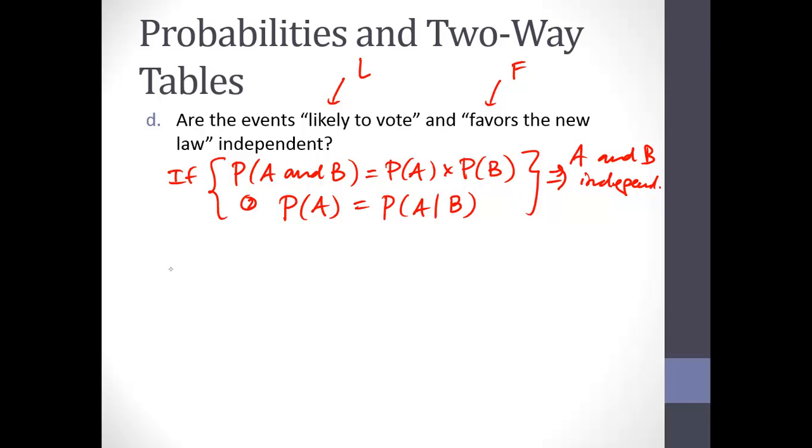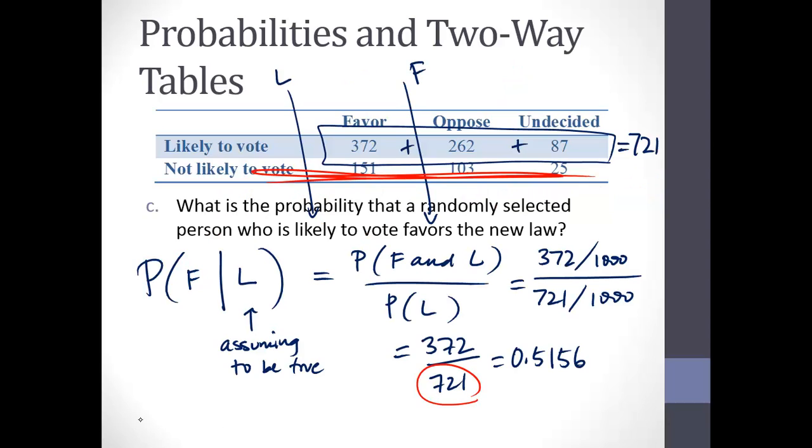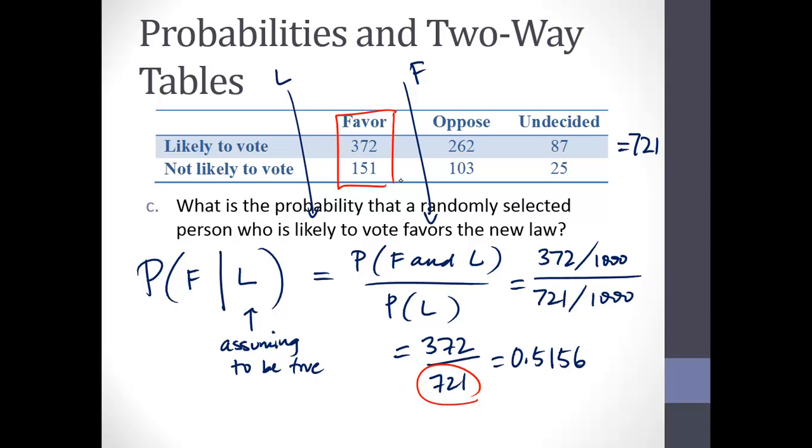Again, we had the probability of favoring the vote. If we want the probability of favoring the vote, we can just look at those two cells of people there.